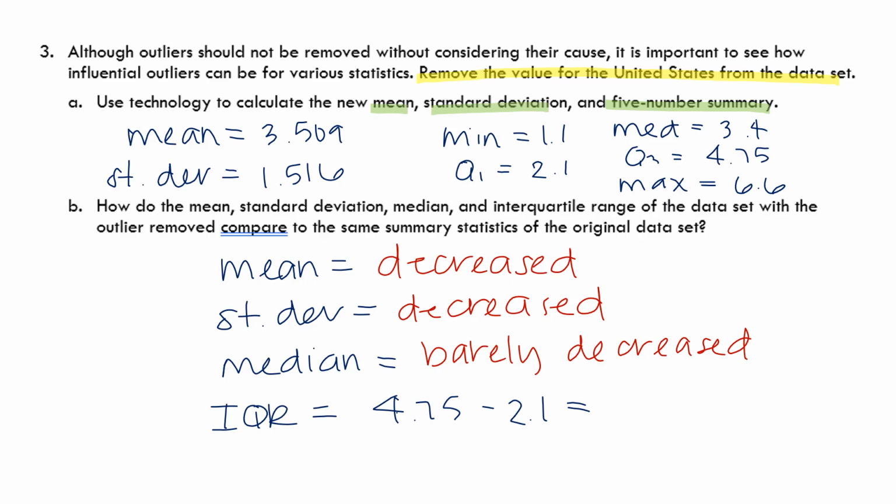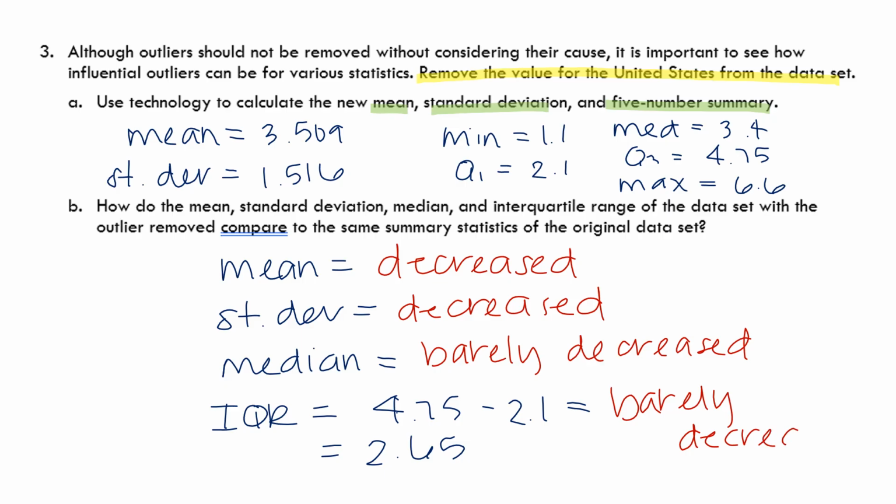But you should get 2.65. If I look at my previous IQR on the page before, I had an IQR of 2.7. And now I have an IQR of 2.65, which is essentially almost the exact same value. So the IQR barely decreased.